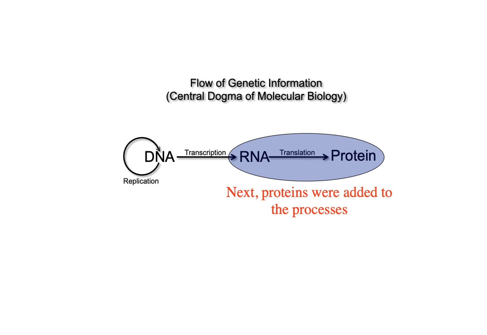So eventually there were proteins formed from this translation process, but at that time there were RNA molecules that preserved the genetic material, and there were RNA molecules, several different ones, that together performed translation to make proteins. So that's the second part of the flow of genetic information that evolved.